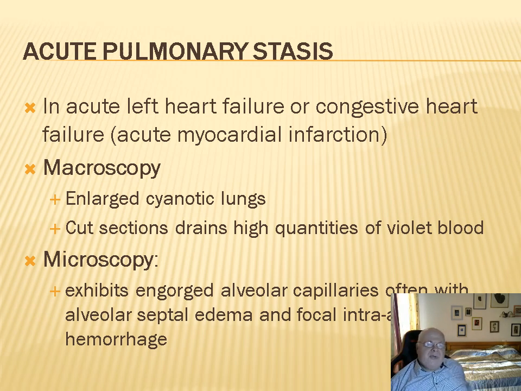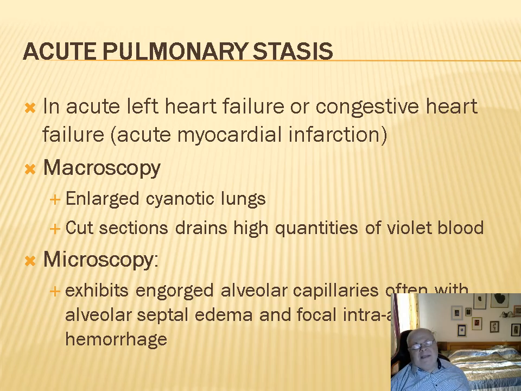The lungs are also an organ in which stasis can appear acutely and chronically. In the acute stasis of the lung, mostly as a result of acutely installed cardiac insufficiency after an acute myocardial infarction, the affected lungs are enlarged, so bigger, and very blue.